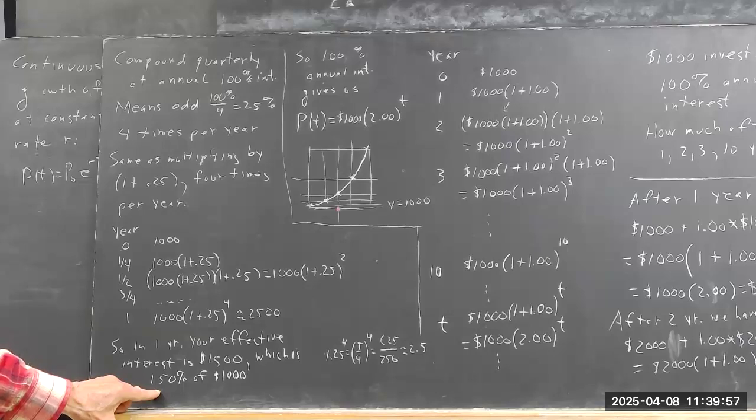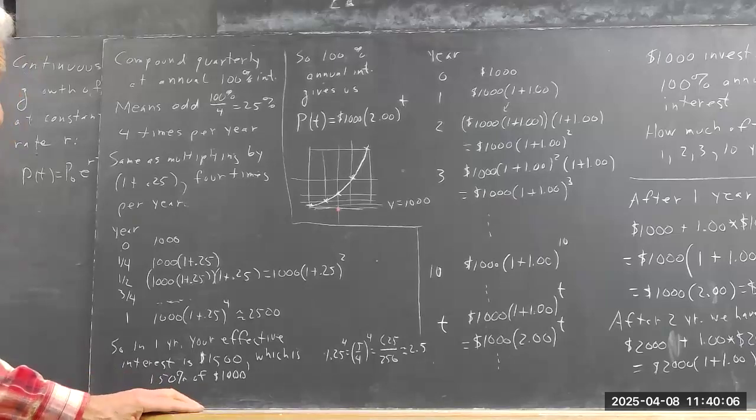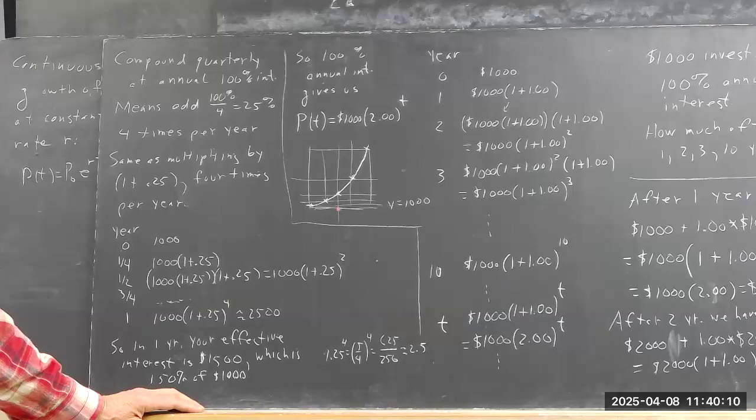I give you 100% interest, and if you can find somebody to do that in a safe investment, by all means do it quickly. But if I give you 100% interest and offer to compound it 4 times a year, I'm effectively giving you 150% interest. And it gets better than that.